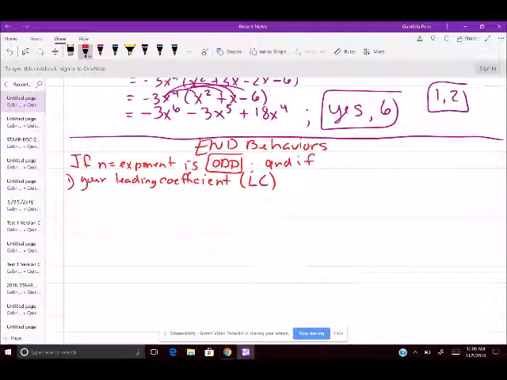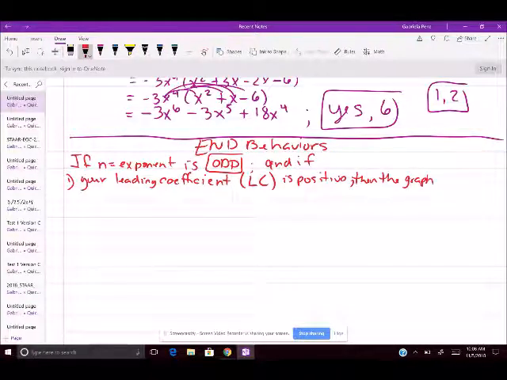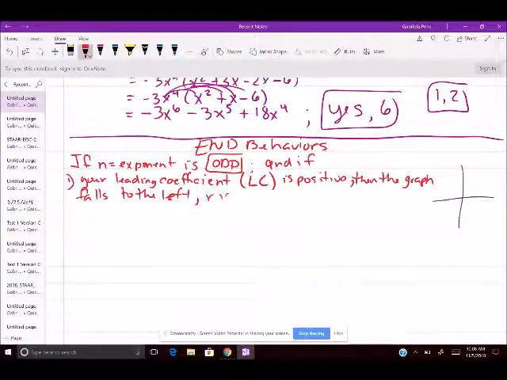And if your leading coefficient is positive, then the graph, and I'm going to end up doing a little sketch of a graph over here, then your graph falls to the left, rises to the right.